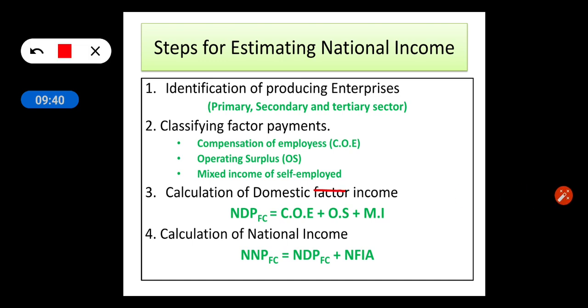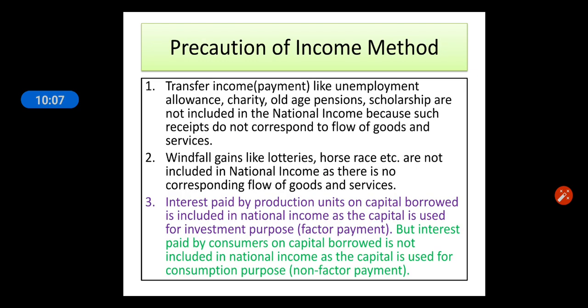Then you add NFIA to your domestic income to get national income or NNP at FC. We know that this is domestic and this is national, so to turn domestic into national, we add NFIA, right?